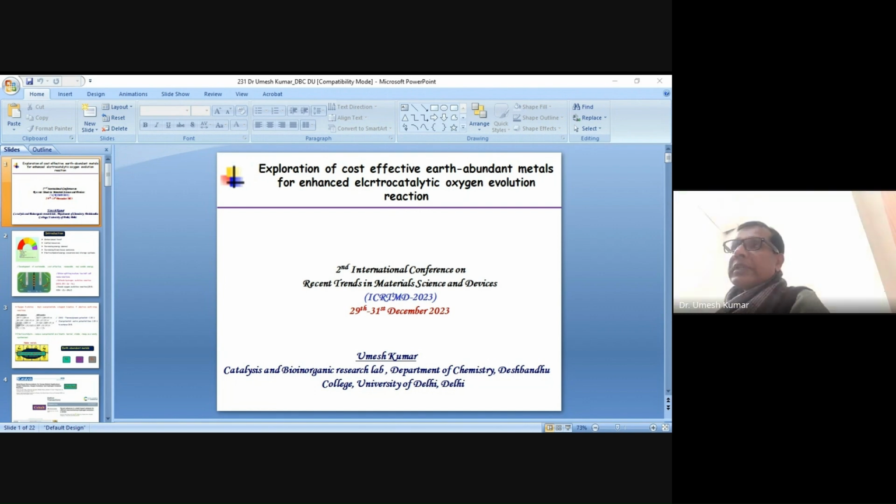The oxygen evolution reaction is slightly different because it requires high potentials and has sluggish kinetics, and as I told you, it is a 4 electron multi-step reaction.